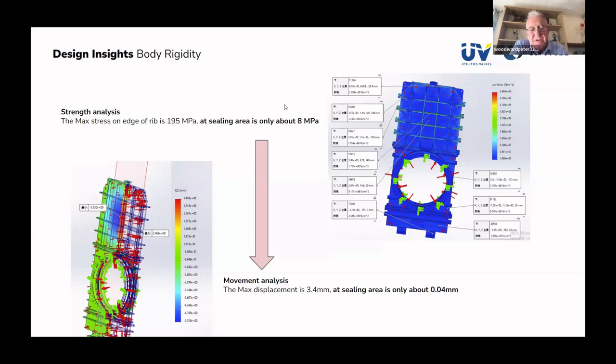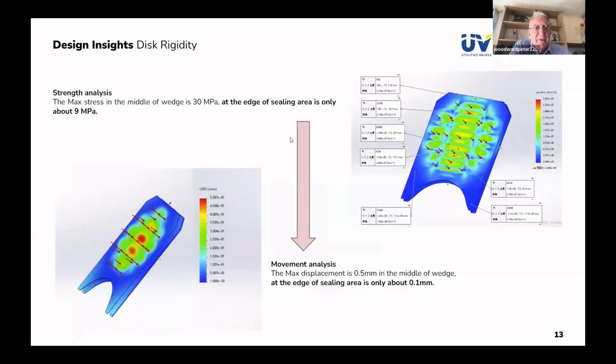If we look at the disc, the next slide for the disc, there we are. So it's exactly the same criteria, but here in the middle of the wedge, we've got 0.5 millimeter distortion, but at the edge of the disc, in the sealing area, we're down to 0.1 millimeter.